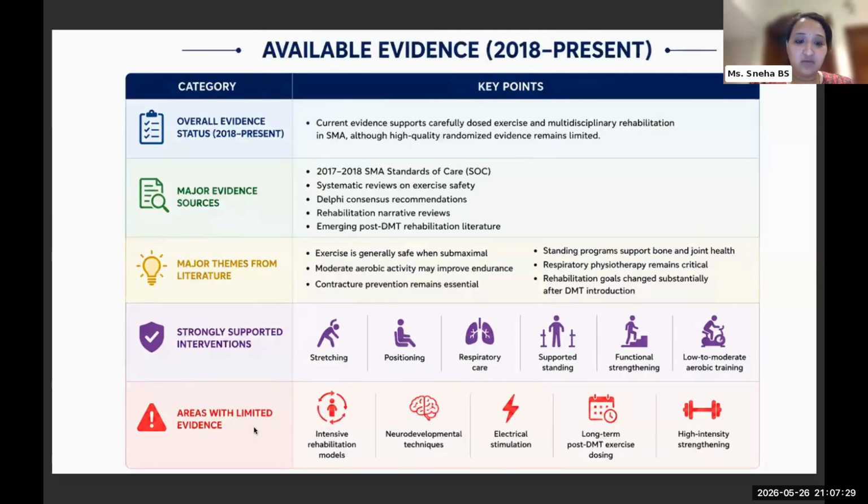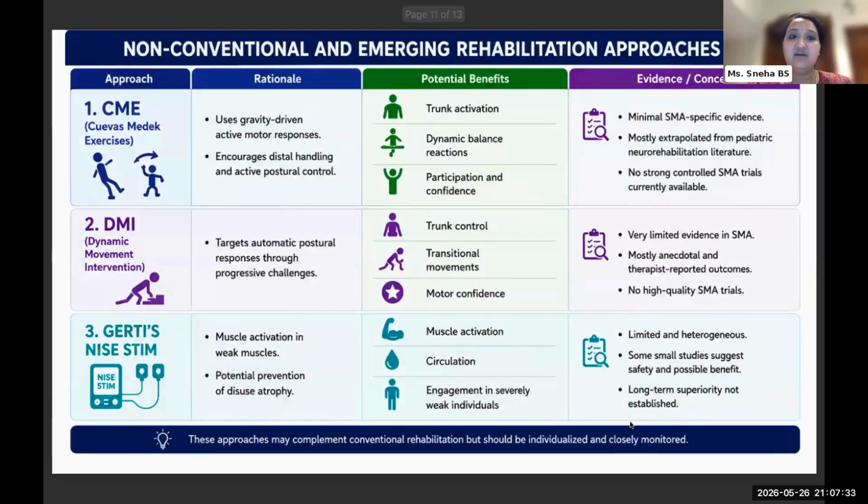So what are the areas of limited evidence? These are newer therapies. I've managed to cover a few because these are new therapies that have come in and sort of created a big noise positively in pediatric rehabilitation, but is it applicable to spinal muscular atrophy? Let's see. Again, the evidence is always a concern with newer therapies.